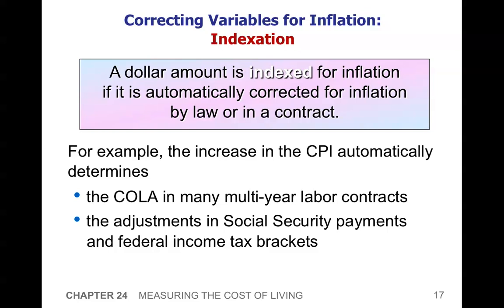So if inflation goes up, these go up, and the recipient would be making more money, accounting for the decline in purchasing power. Now, as I said earlier in the chapter, this is happening in fewer and fewer cases, and the issue now in summer 2010 is actually deflation, not inflation.